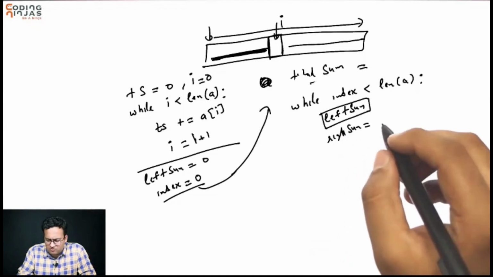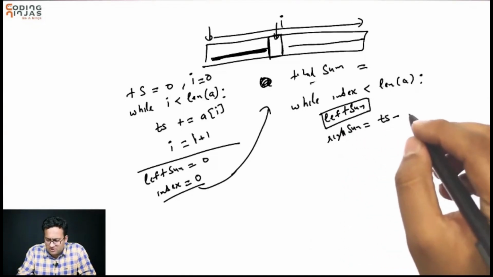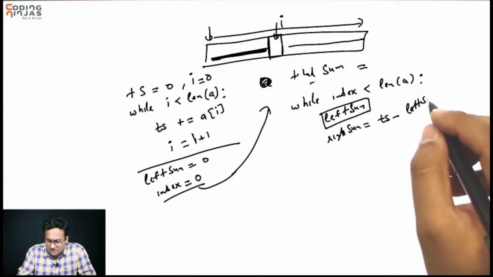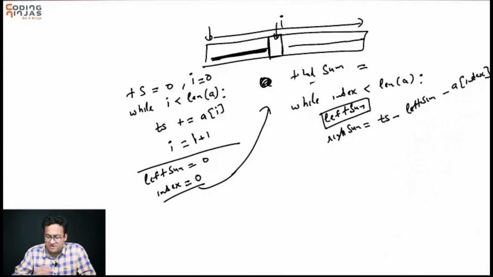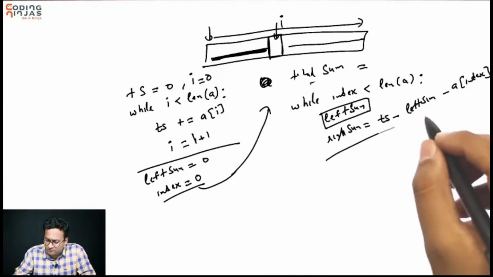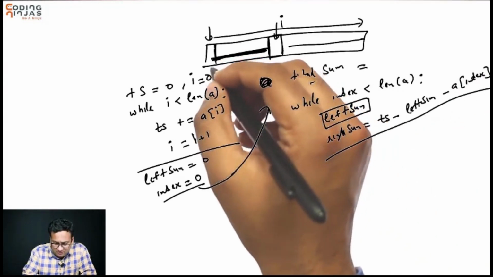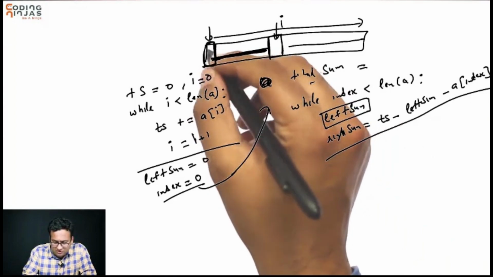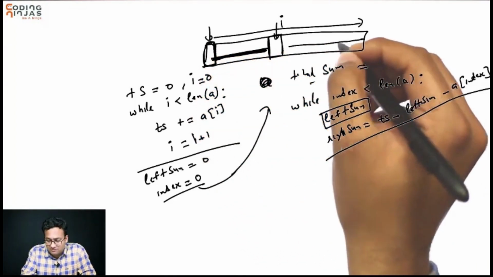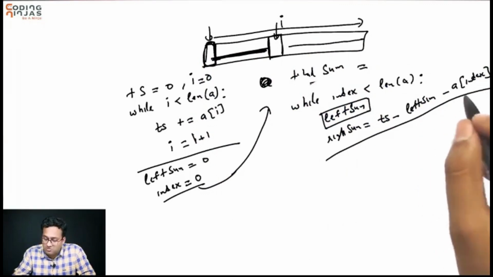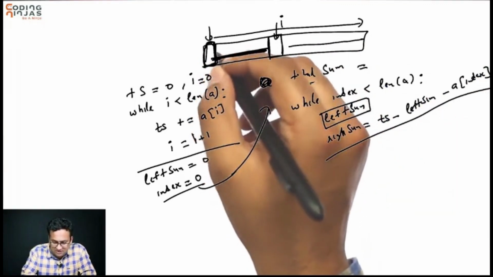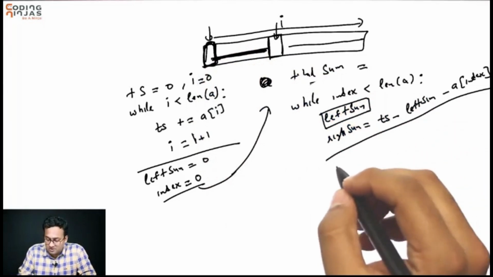And we already discussed what right sum will be. Total sum minus left sum minus A of index, the current index that I am at. So this is definitely going to work fine for index 0, right? At index 0, what is the right sum? Total sum minus left sum, which is 0, minus A of index, which is this element. So this will give me the right sum.